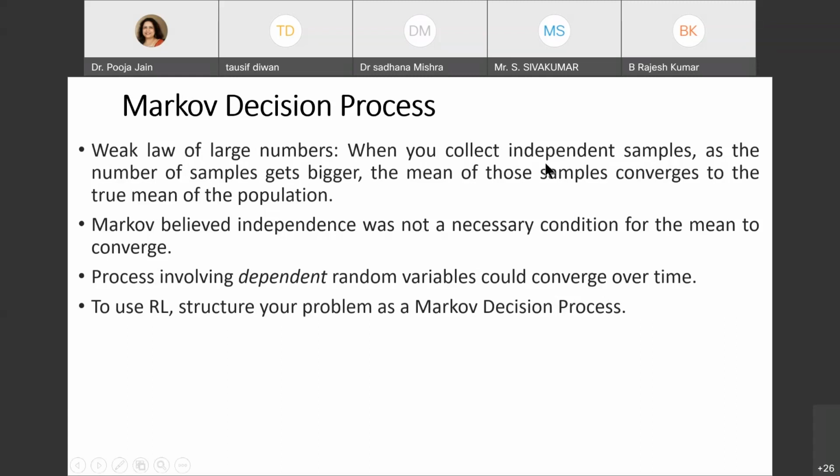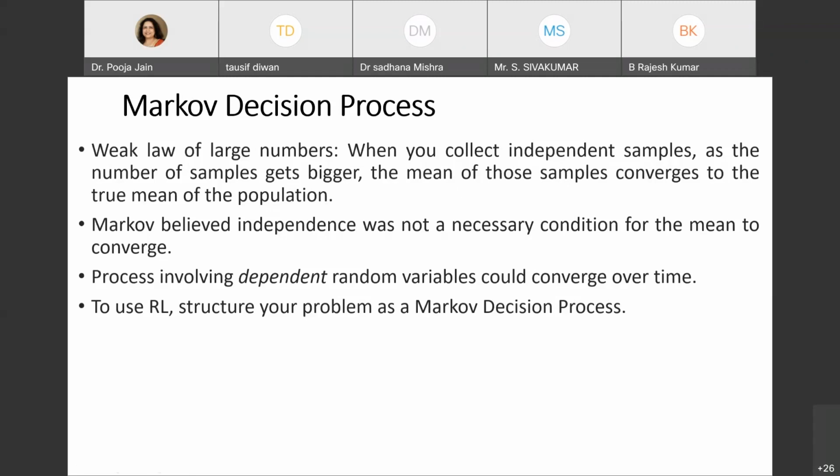So it says that when the samples are independent, if you take multiple samples, then the mean of those samples is the mean of the population. But this independence was not a necessary criterion.